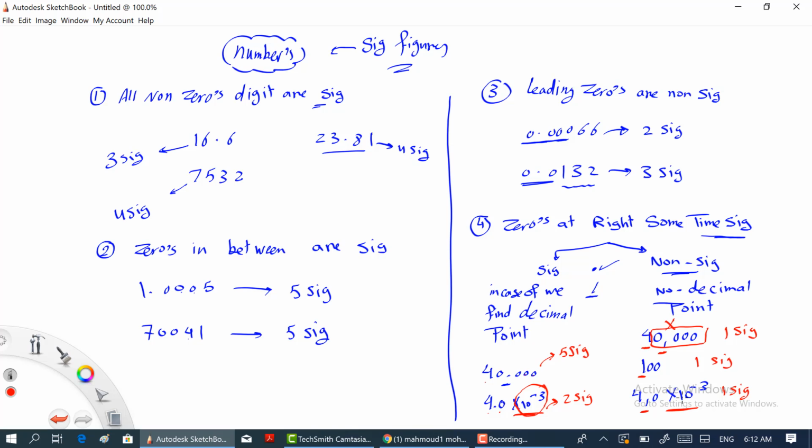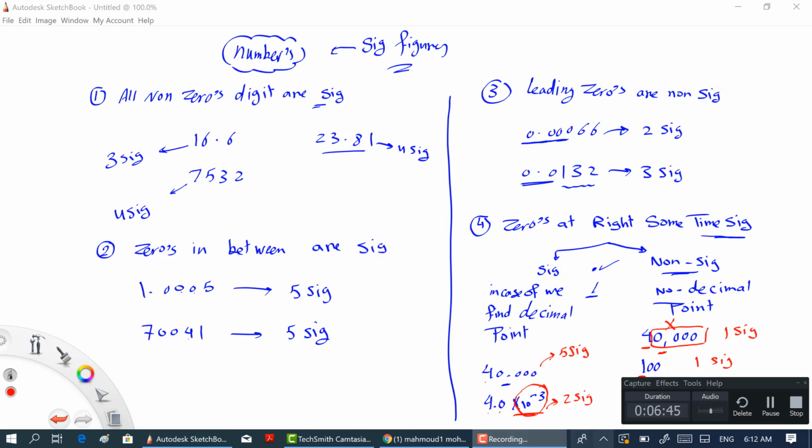Return back to the mathematical operations, the mixed operations, like subtraction, division, multiplication, and things like this. We will start with multiplication and division.